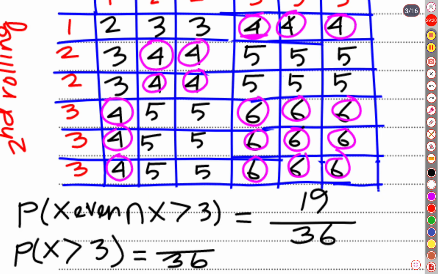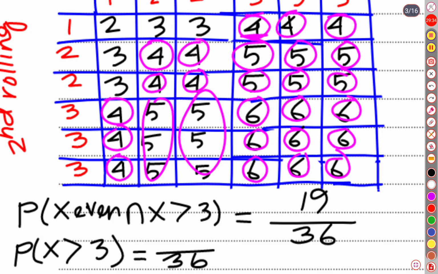Already we have got 19, and how many 5s are there? Let's see. That is 1, 5, 2, 3, 4, 5, 6, and 6, 6, 12. So 12 should be added to that. There was 19, 19 plus 12, it is going to be 31. So the total scores which are greater than 3 is 31.